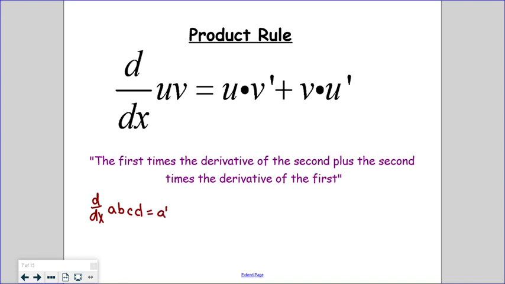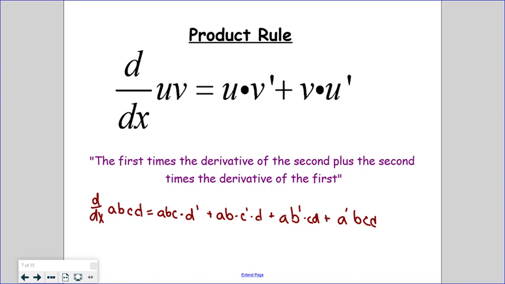So a, b, and c could stay the same times the derivative of d, plus maybe the second time we take the derivative of c, and then we take the derivative of b, and then we take the derivative of a, where we just alternated until we've gone through and taken the derivative of each one of those down the line. Okay? Questions on that?